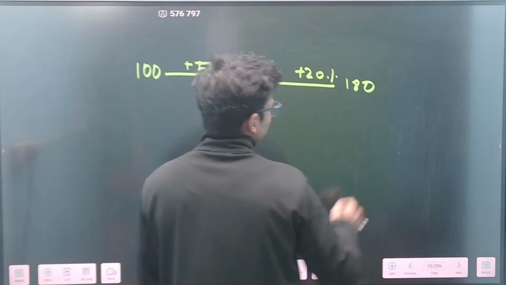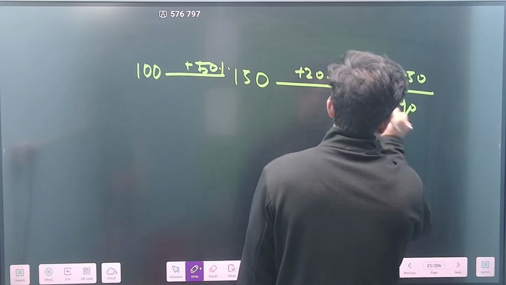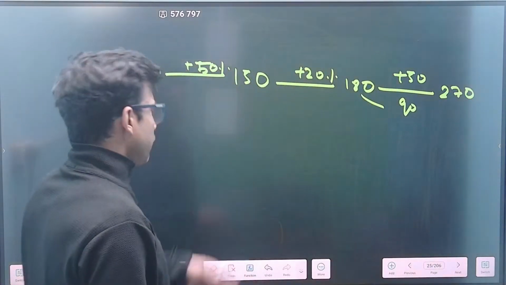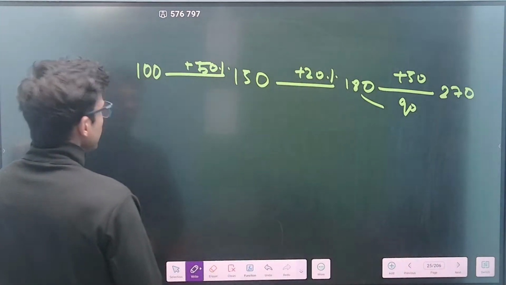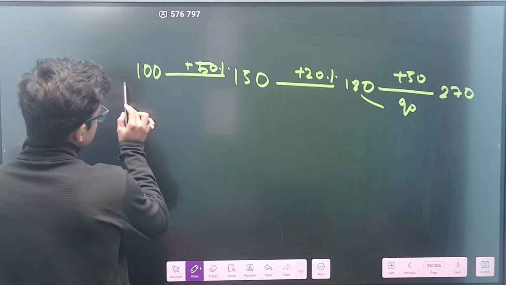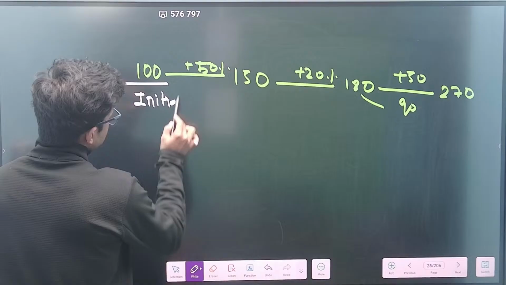Then again go for 50%, then you will say 90, add 90, then this will become 270. Go for n number of successive percentage changes, no worries. But the initial value is this one.